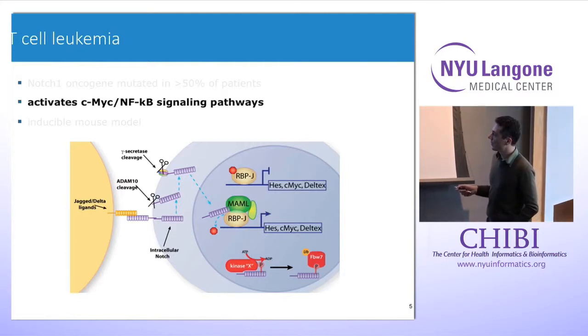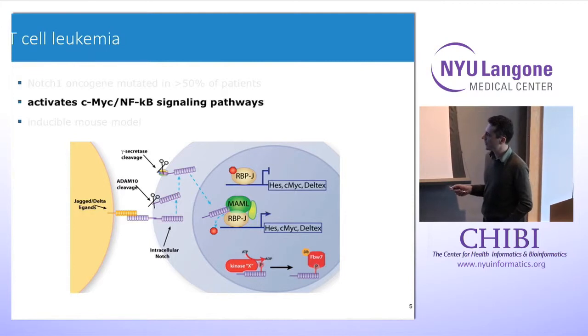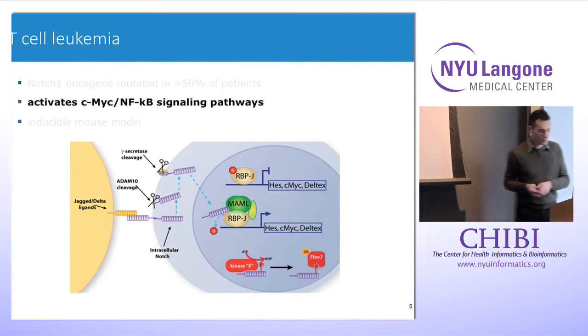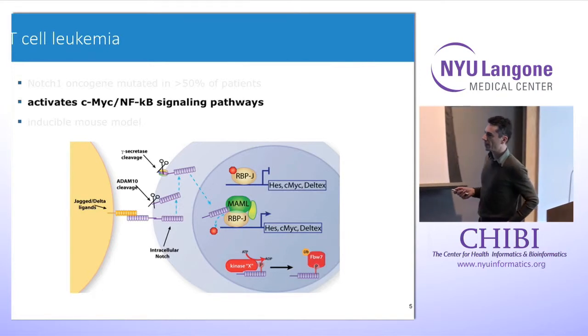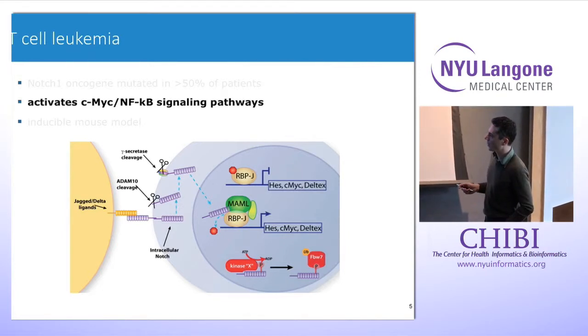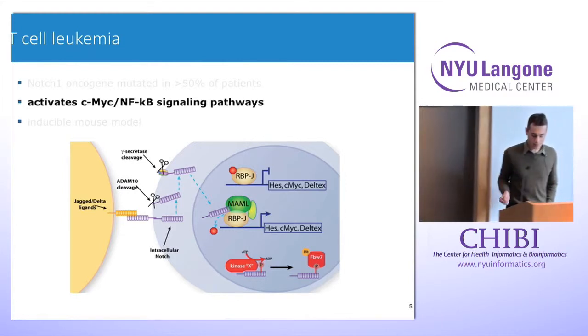Upon activation, there's cleavage by gamma secretase, and then the intracellular part of Notch enters the nucleus and it activates the oncogenic program. So one of the major tools we have is gamma secretase inhibitor that blocks detachment of intracellular Notch, and then we can block the disease in cell lines.